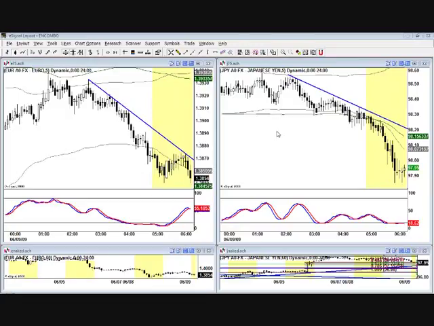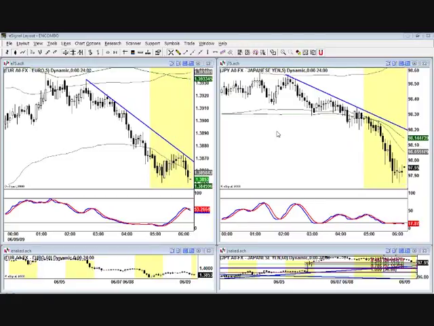The reason is that they're less volatile, firstly, and secondly, they're not highly correlated, so I don't mind being, let's say, long the euro dollar and long the dollar yen at the same time, or vice versa, or in opposite directions, because they're generally not very well correlated to each other, and they're not as volatile as some of the other currencies, and they make a good combination to trade.